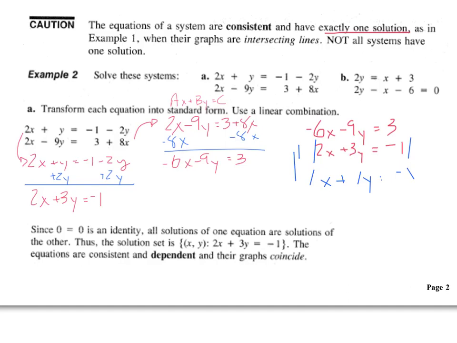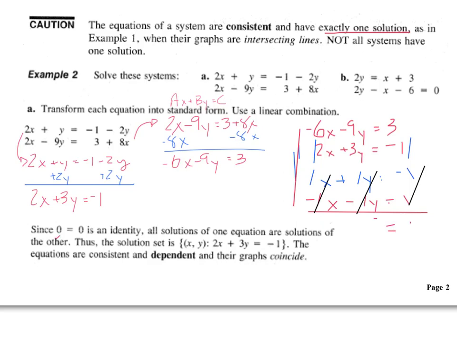And I take my original equation here, -6x minus 9y is equal to 3. If you'll notice, those are opposites everywhere. +6x, -6x, +9y, -9y, -3, +3. I end up with 0 equals 0.